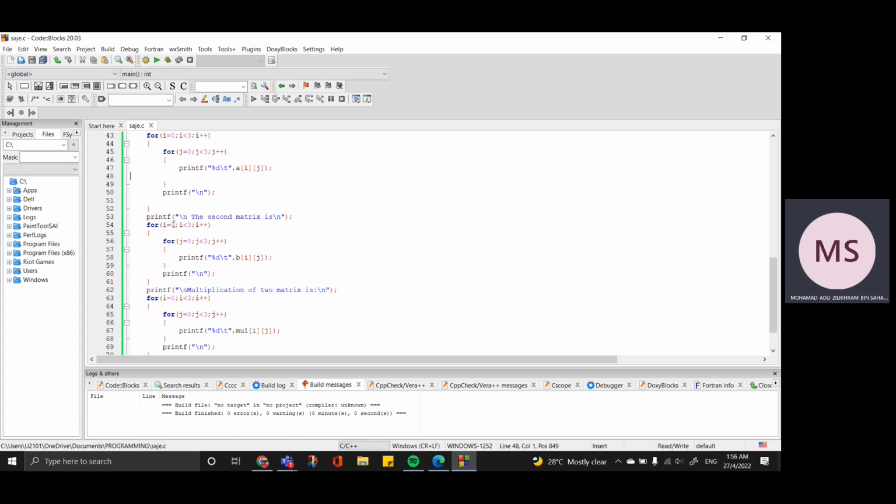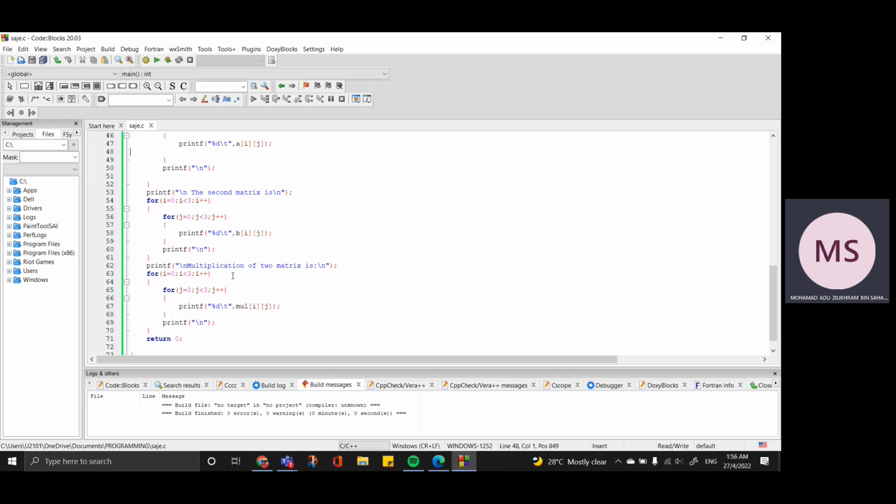Then for i equal to 0, i less than 3, i plus plus, for j equal to 0, j less than 3, j plus plus, printf %d. The difference here is that I put b, because b indicates the second matrix. And then printf \n to give space before the multiplication value.